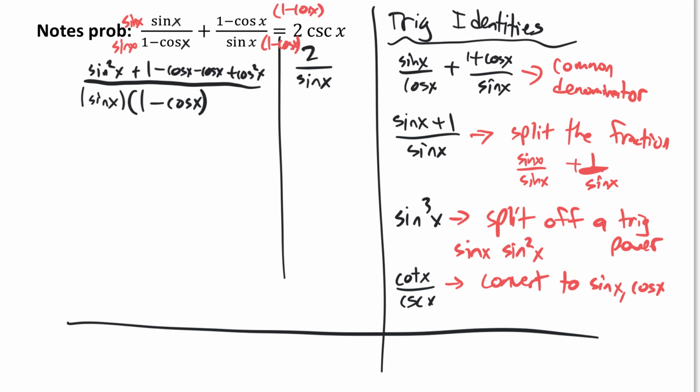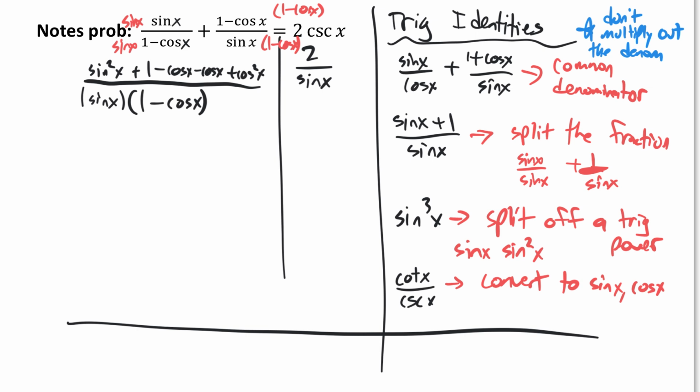Just as another rule of thumb, when I do the common denominator, I often don't multiply out the denominator. This is just kind of like a little tip. Don't multiply out the denominator. It's not that you never multiply out the denominator. Sometimes you can, but you're going to see in a second that leaving it the way it is is nice because something's going to cancel.